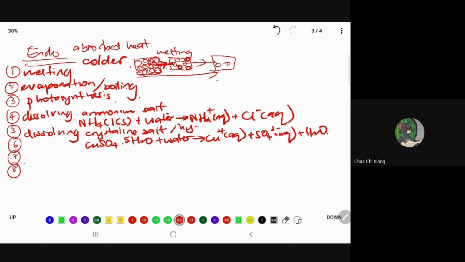Crystallized salt or hydrated salt. I can memorize, and the same goes for you, okay? Your brain is very fresh, so you can do better than me.